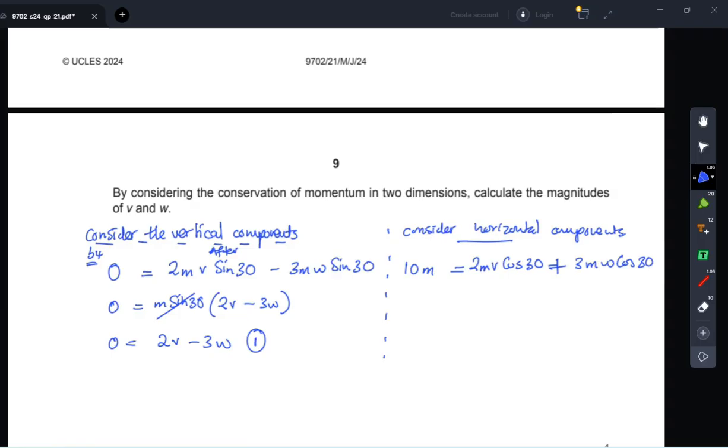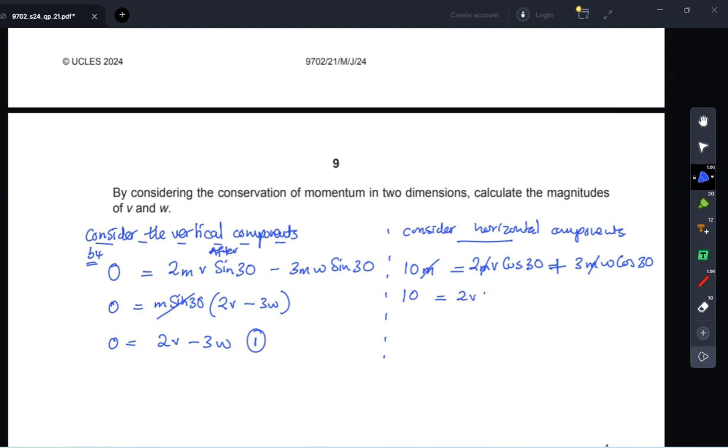All right, and then from here we can get rid of the m's. They are gone, so that means we have 10 being equal to, what is cos 30 by the way? Cos 30 must be root 3 over 2. Okay, super.